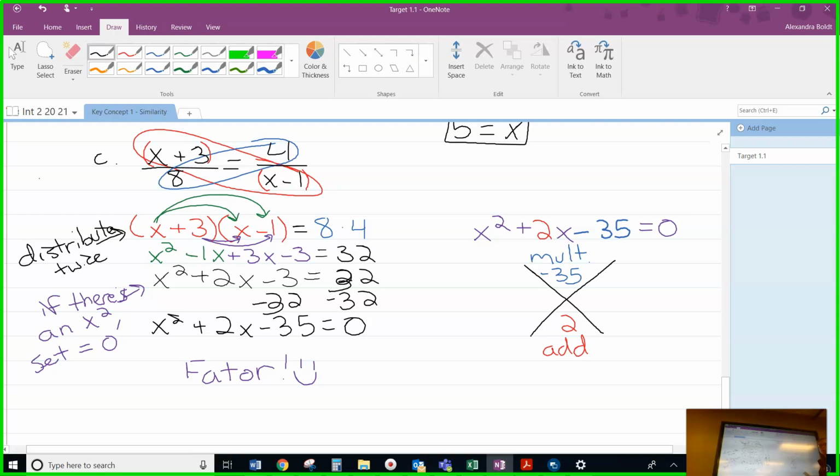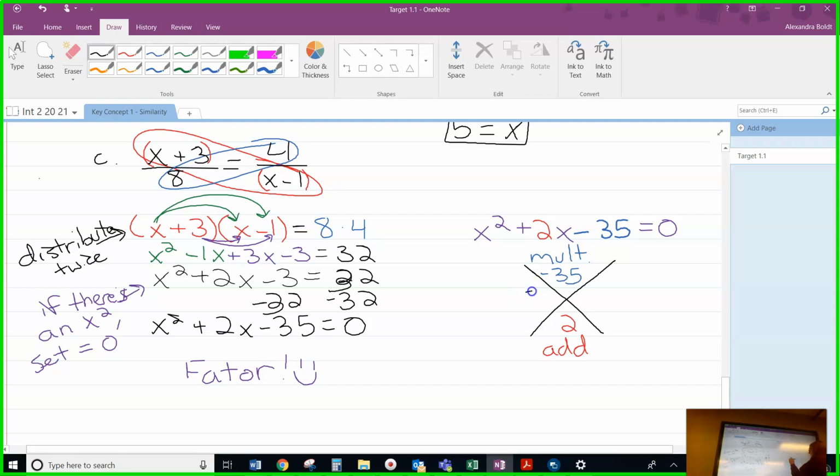So I want to find two numbers that multiply to negative 35 and add to 2. Again, this is something you may have learned during the quarantine time last year. So I don't have high hopes for us remembering it, so that's okay. So I'm going to be putting in a lot of examples that have factoring in it, so we start to see it, because it's really going to be important next semester.